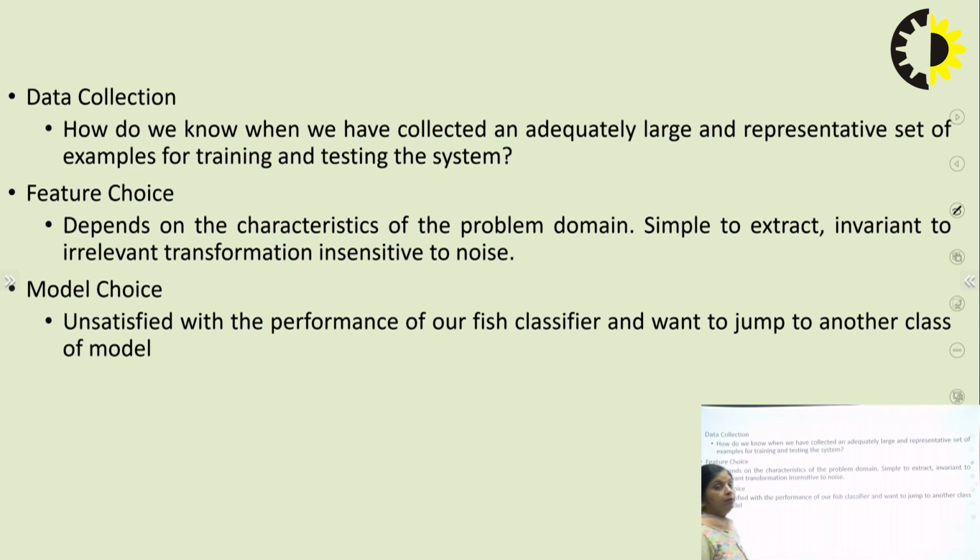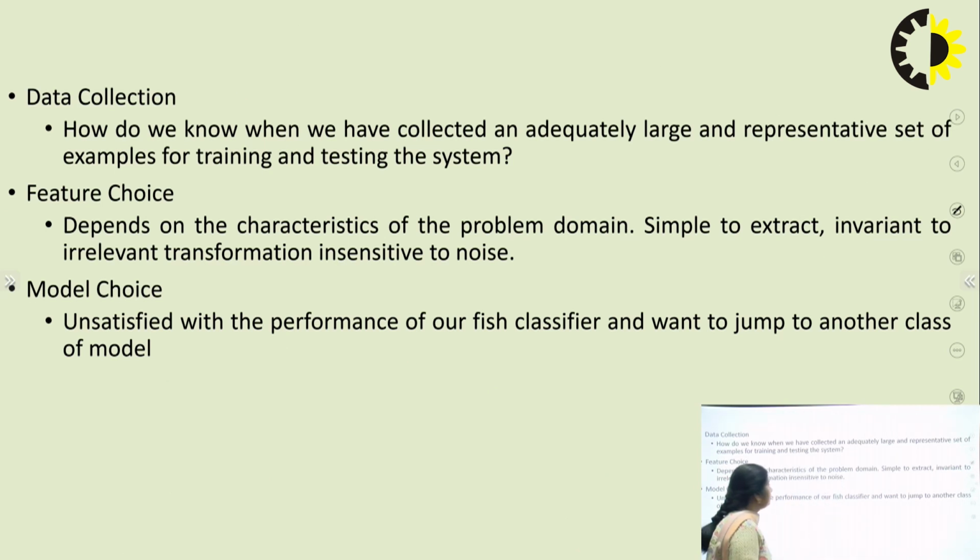Model choice. We have a number of models. Let me take one model from supervised learning, let me say KNN. I took some data and applied my KNN classifier, and I'm not satisfied with it. Then I'll go for some other, let me say a Bayesian classifier, naive Bayes classifier, or SVM model, whatever it is.